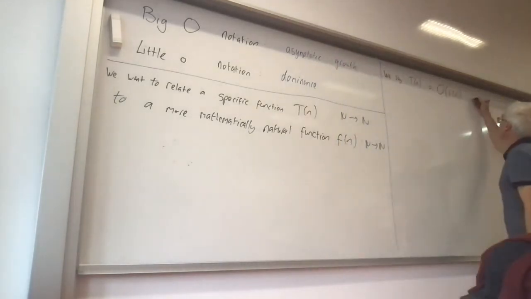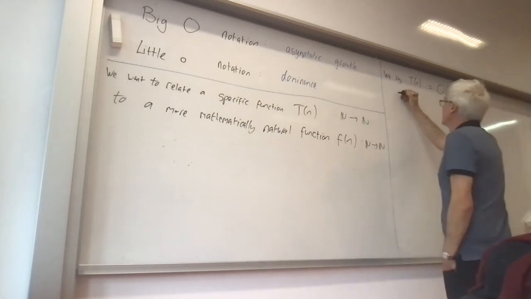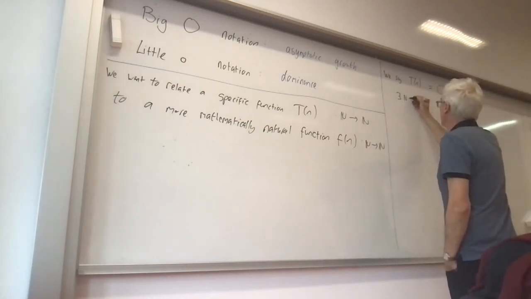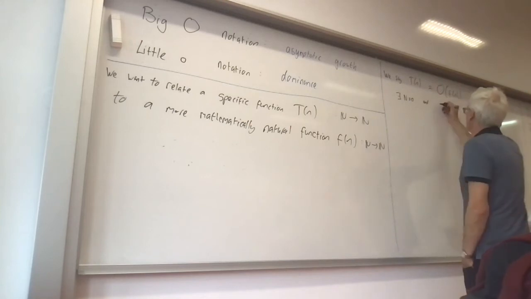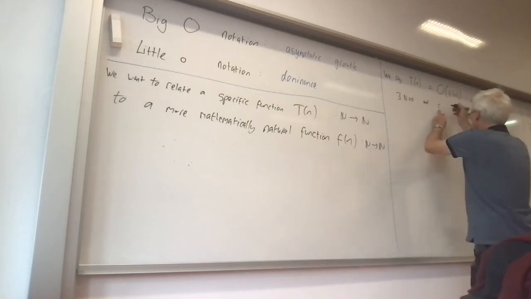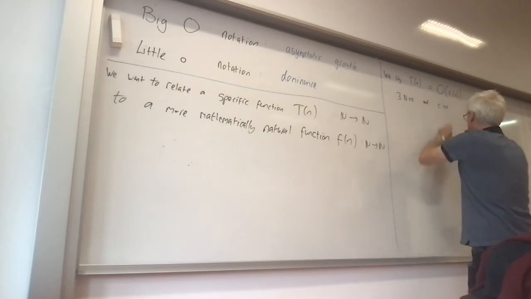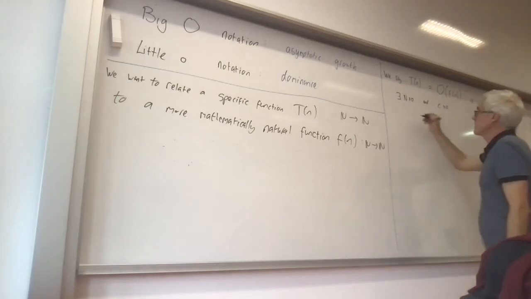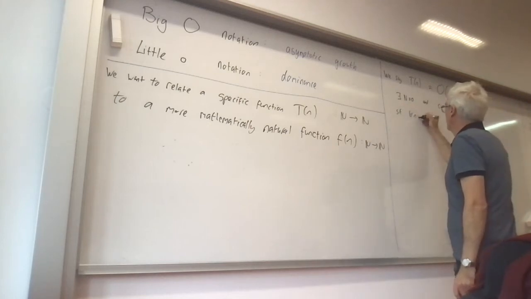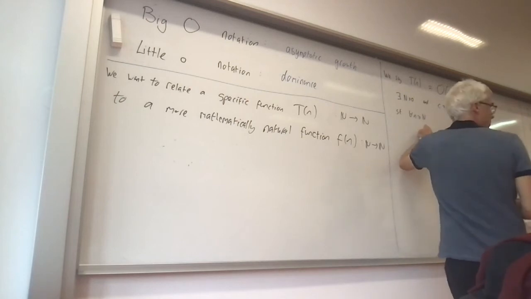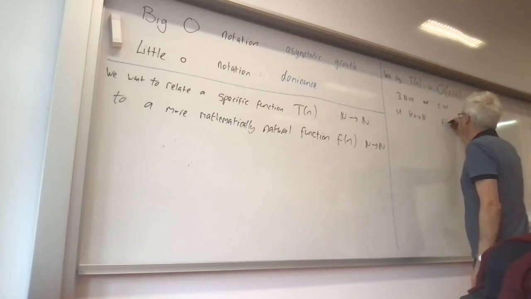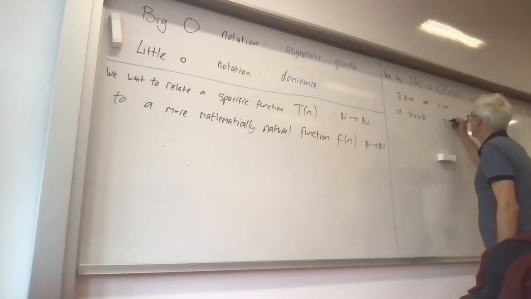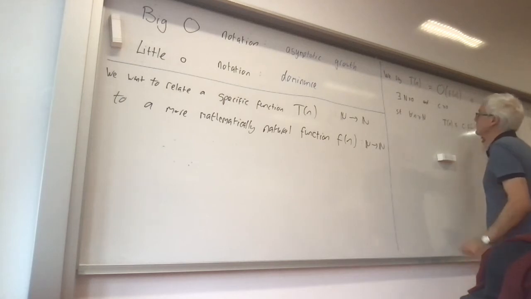We say this if there exists a natural number N greater than or equal to 0 and a c greater than or equal to 0 such that for all inputs little n greater than or equal to big N, it holds that T of n is less than or equal to c times f of n.